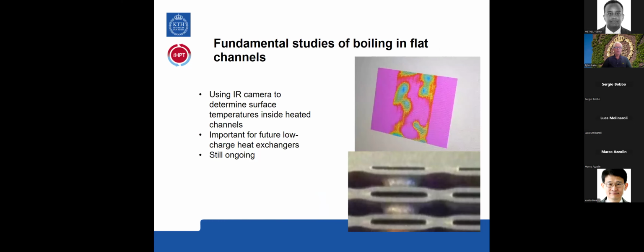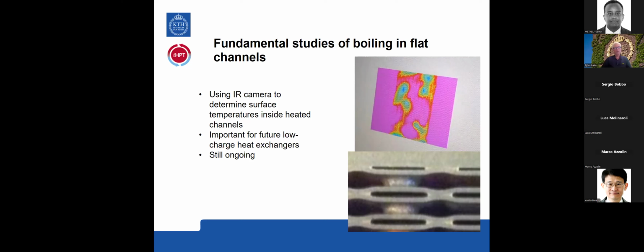Another project which is still running is more about fundamental studies on boiling in flat channels. To reduce charge, we need to have flat channels. In this case, we use a channel in between a very thin metal foil, which is heated, and a back wall, so to say, a glass wall.